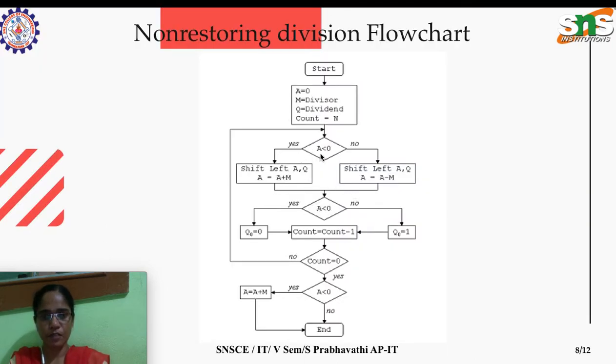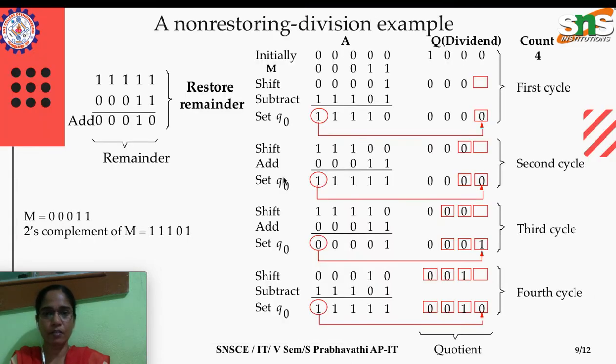If the accumulator MSB is 1, negative, we are adding the divisor. I think we are in this step, the third cycle, so we are adding the divisor.